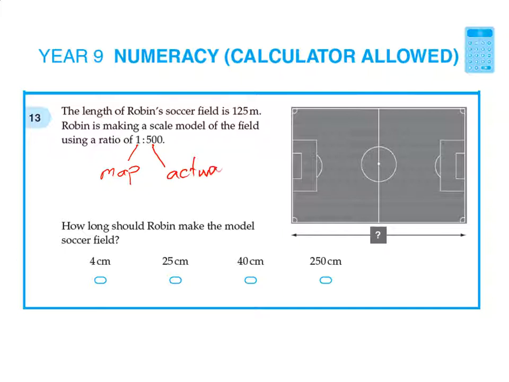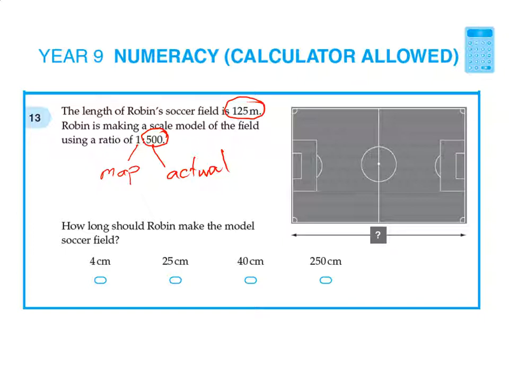In real life, it's actually 500 times larger than the map. So we're going to scale down so it can be drawn on the map, making it smaller to fit on the paper or the model. So we must divide by 500.